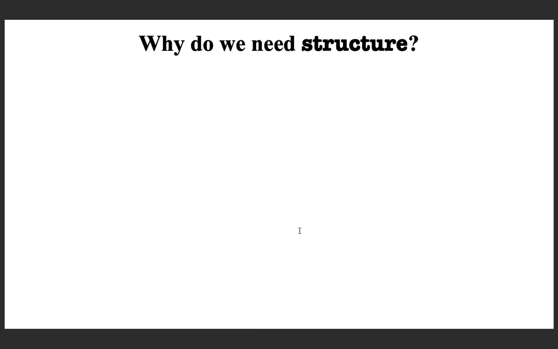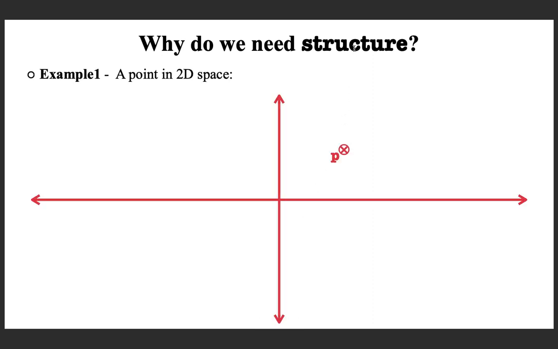We can now look at more concrete examples to realize why we need structure. As the first example, consider a point in two-dimensional space. You have a point P. How will you represent the point P in a C program?